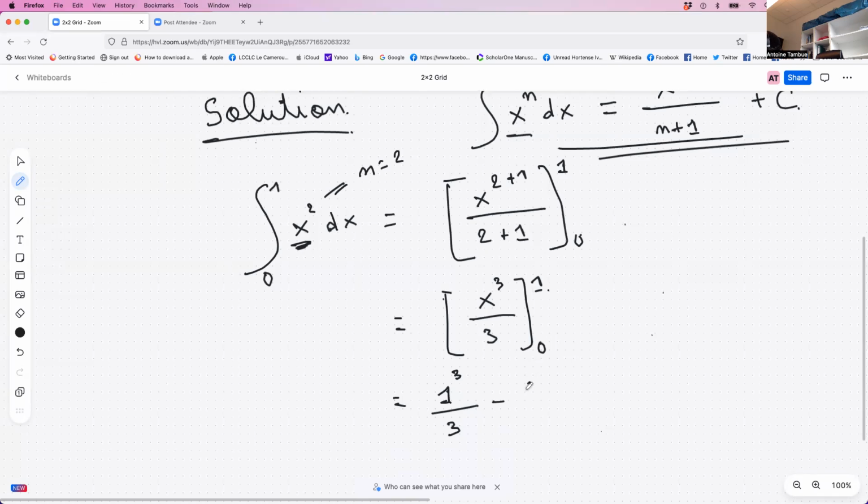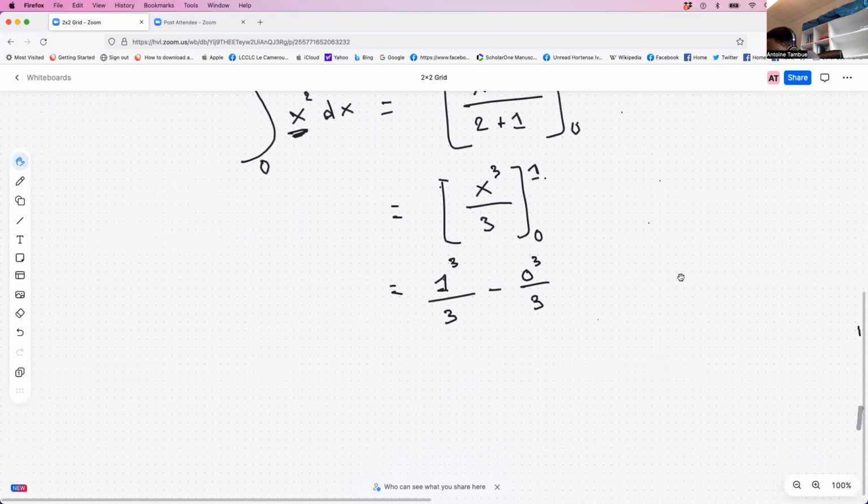So you have precisely 0 to the power 3 over 3. So now we can evaluate our expression. We have precisely here 1 over 3 minus 0. And the final answer is just 1 over 3. So that's the final answer of our integral.